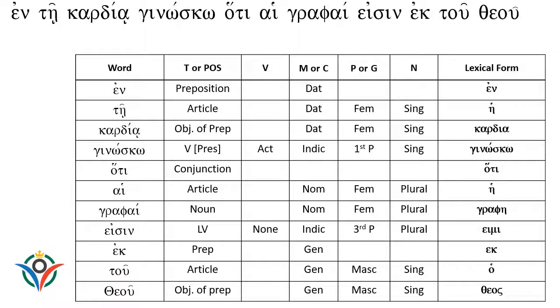Let's do one more example together. So I'll read the Greek text for us. We have en te kardia ginosko hoti hai graphai eisin ek tou theou. All right, so let's go through the parsing information together.